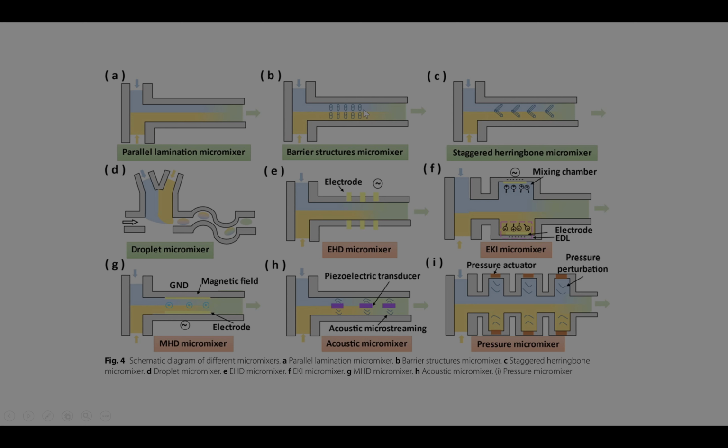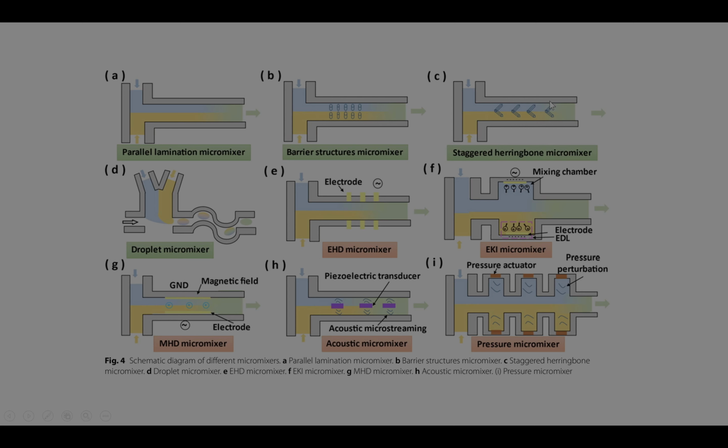in another direction. In the staggered herringbone micromixer, the fluid will flow in this direction where the blockage will be there. This herringbone allows one fluid to go in another direction and the other one also to one direction.